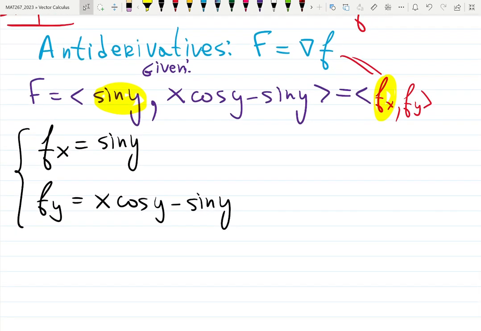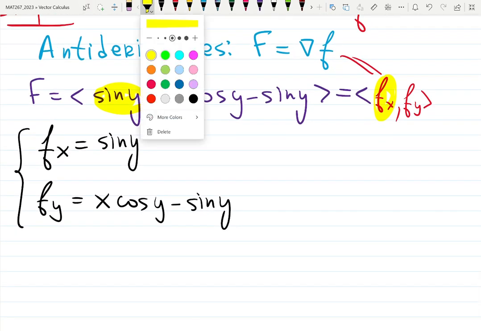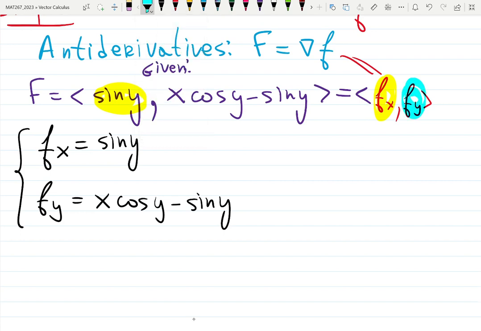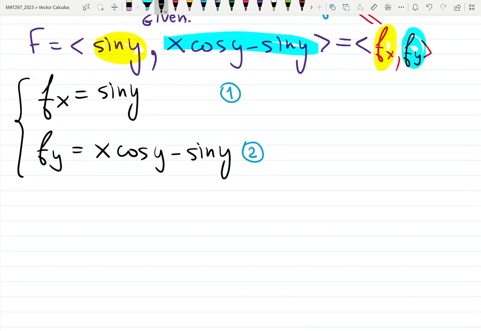Does it make sense? Let me color code it. Isn't it fun? So we have equation 1 and equation 2. We know how to integrate from equation 1.